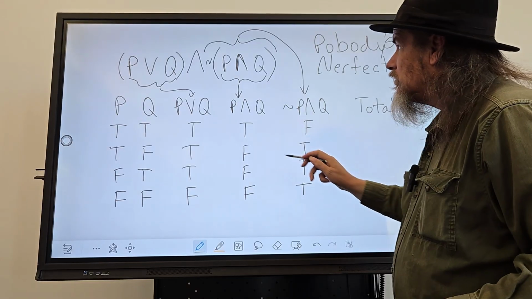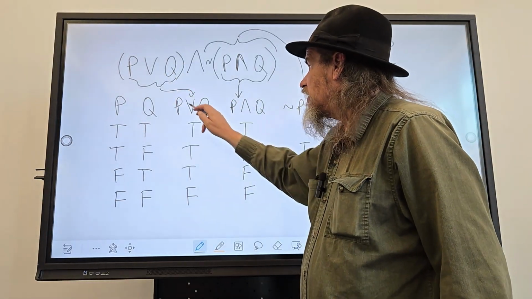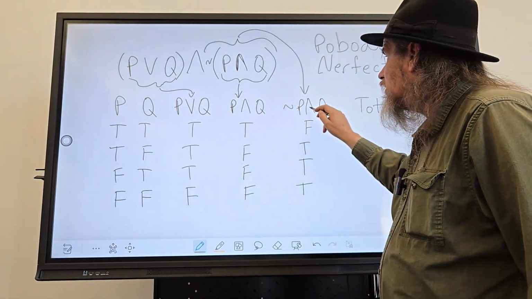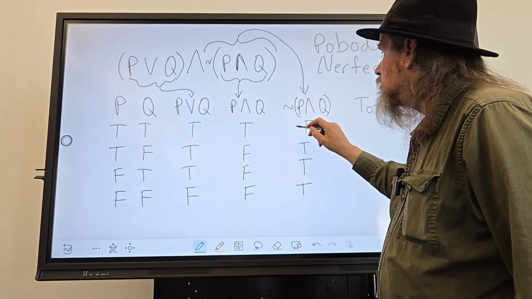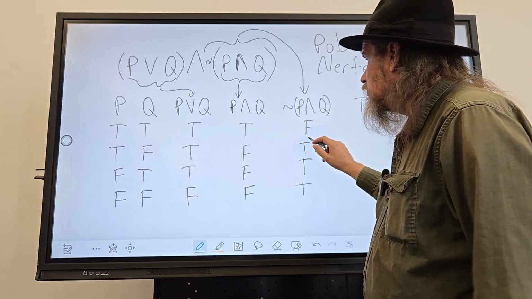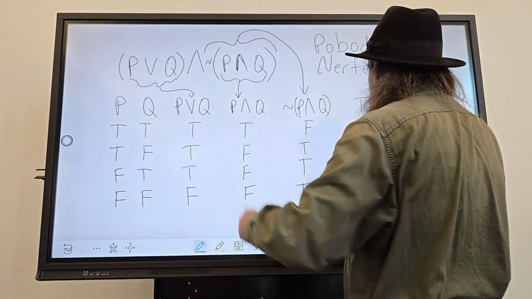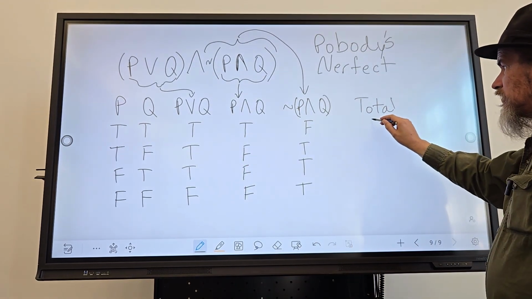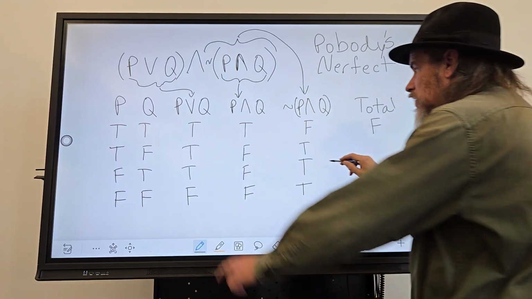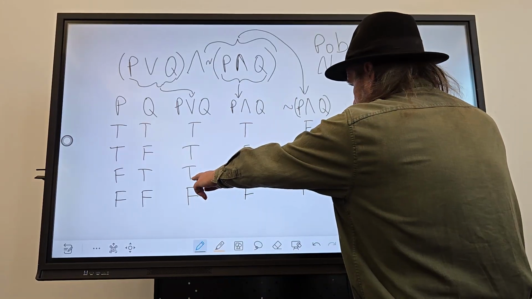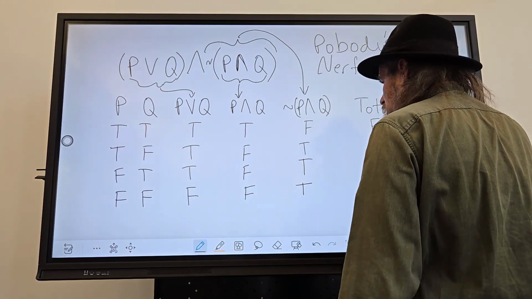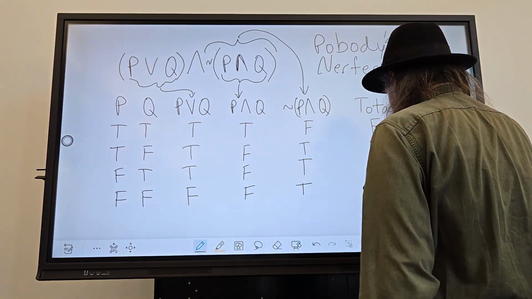So this parentheses and this negated here. True and false is false. True and true is true. True and true is true. False and true is false.